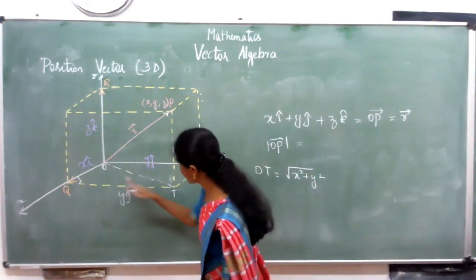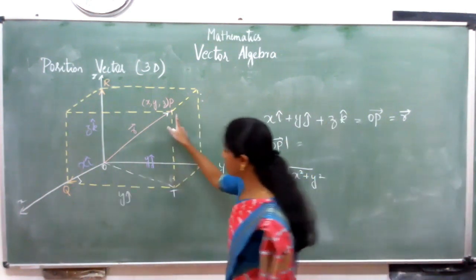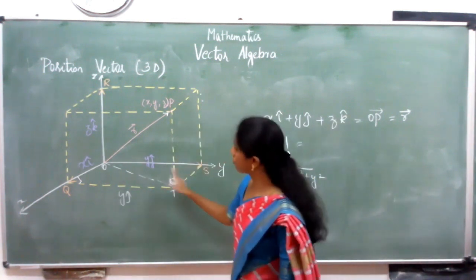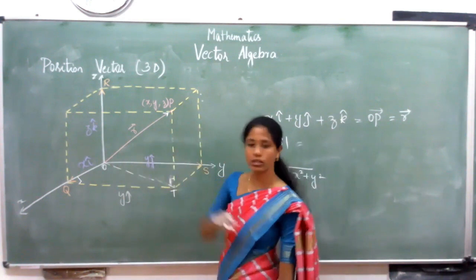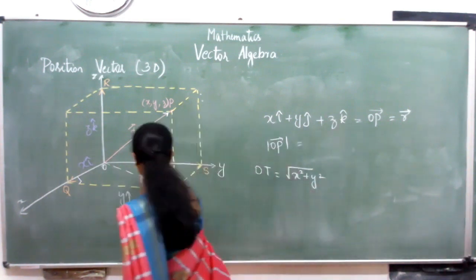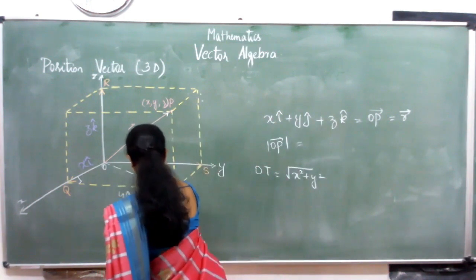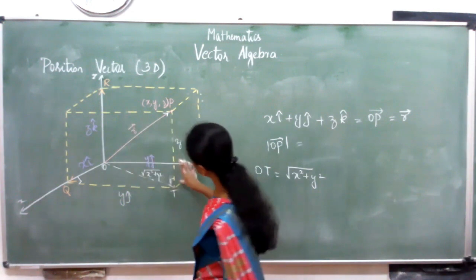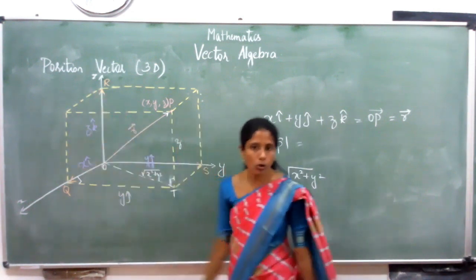Next, if you see the next triangle OTP, again this is a right angle triangle. With the help of this triangle, we are able to find OP. Here OT we found is root of x square plus y square, and TP is z. Why? Because TP is the same as OR.